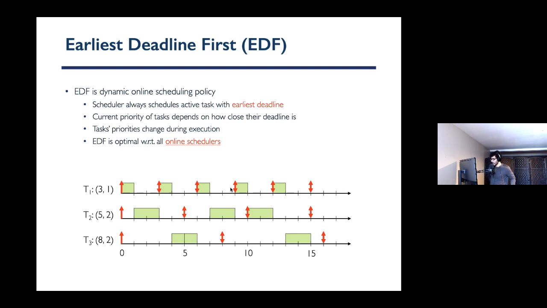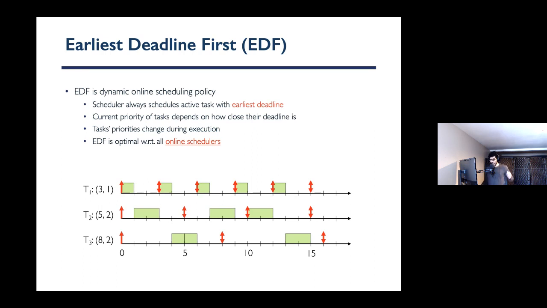Let me see, I got a few questions. Is dynamic the same as online? Can you ask this question again? I didn't get it. Okay, so there is no set of jobs that RM scheduling can do that EDF cannot do, correct?